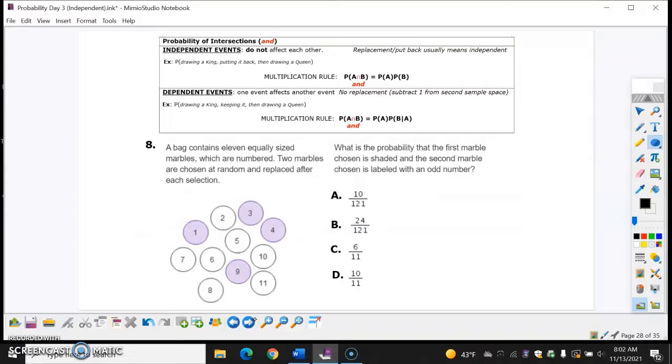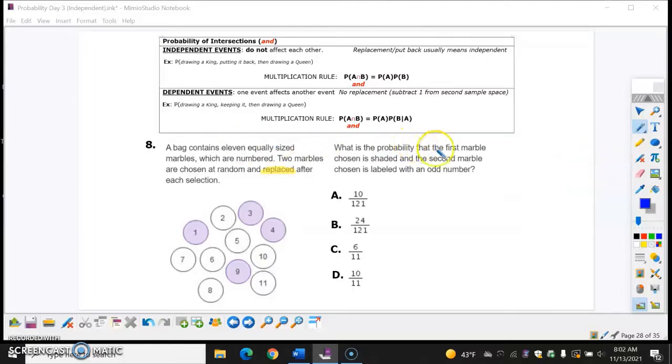All right, number 8. A bag contains 11 equally sized marbles. They're numbered. 2 are chosen at random and replaced. Okay, if they are replaced, that's an important point because what does that tell us? That tells us that they're independent. What you get the second time is not affected by what you get the first time because you're putting it back in there.